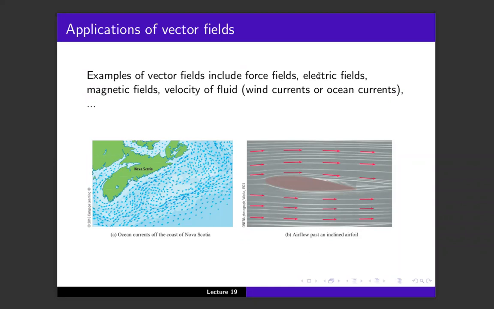On the right-hand side in this figure, we see airflow over a cross-section of a wing. So this whole notion of fluid flow and vector calculus becomes really important in aerodynamics and anything that involves any kind of fluid motion.